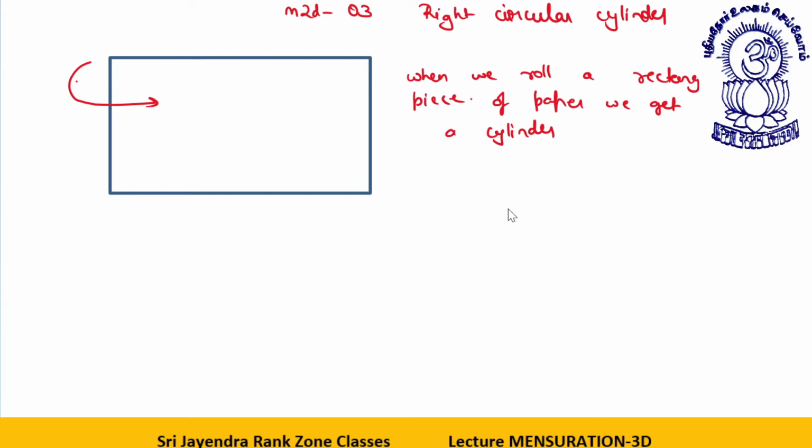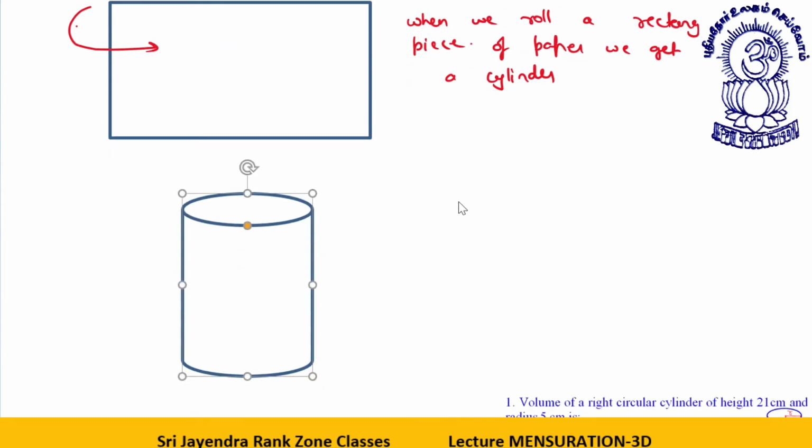Okay, dear students, one thing you have got: you have got a cylinder now. Now we have a shape called cylindrical. This is a cylindrical shape, as you can see.